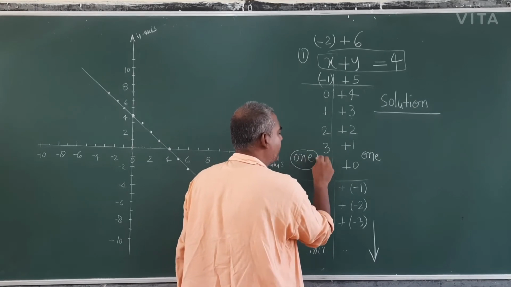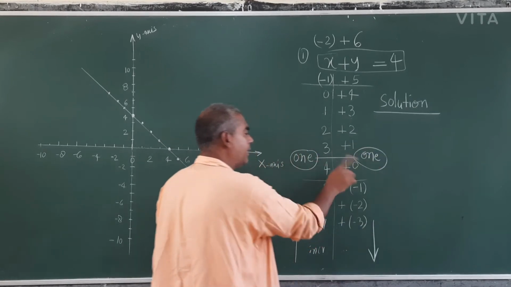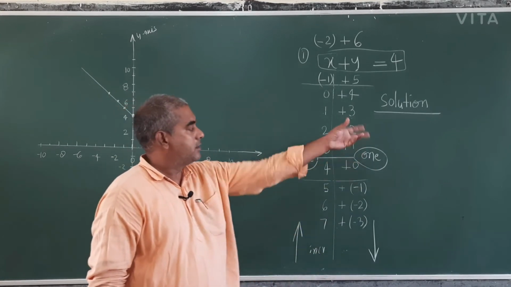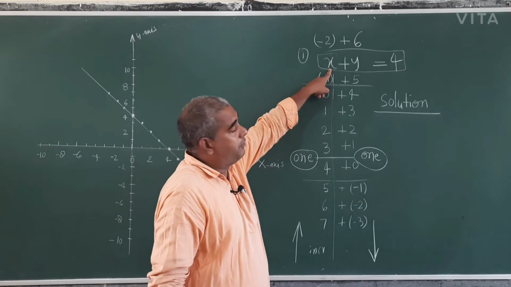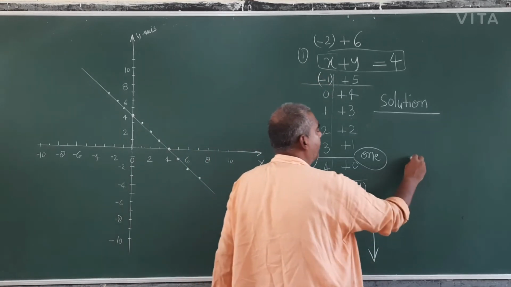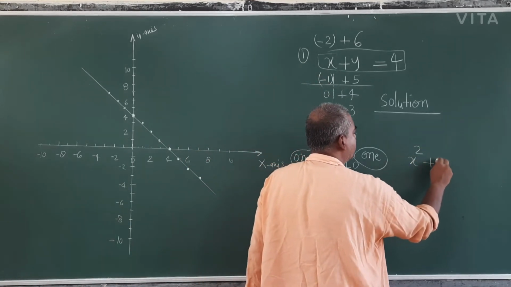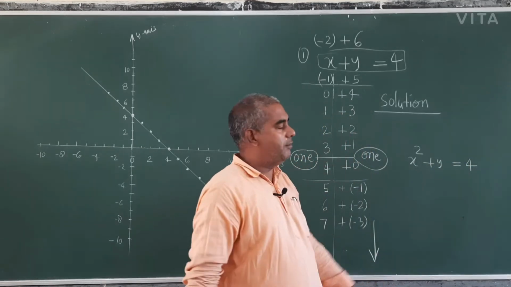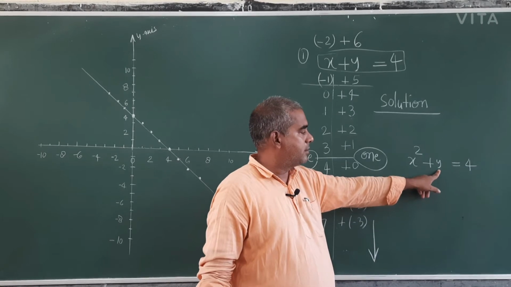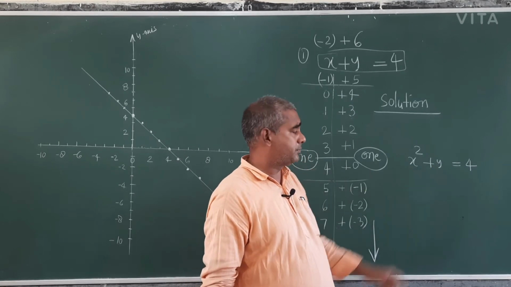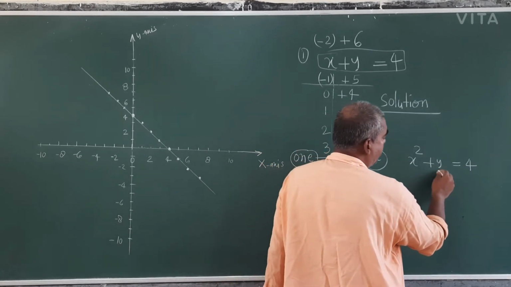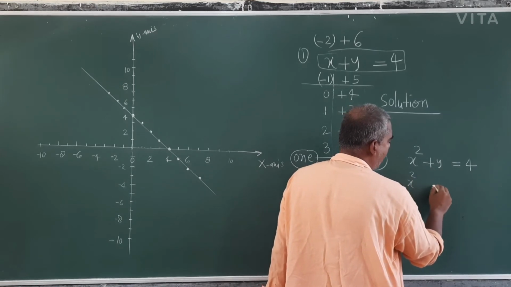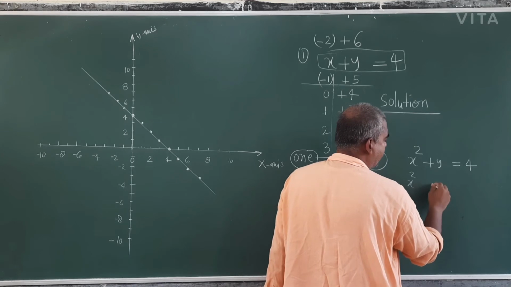In class 11th, you will be taught about this one-one relation, one-one function. Sometimes it may happen that, just like here, x square plus y is equal to 4. If this equation would be, then for any value here, suppose we take y value minus 5.